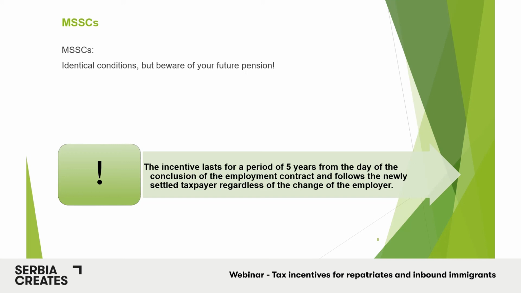In other words, the other negative of this incentive is that your future retirement pension paid out of the state funds will be a bit lower, because for these 5 years, the basis on which this pension will be calculated will be lower than your actual salary.